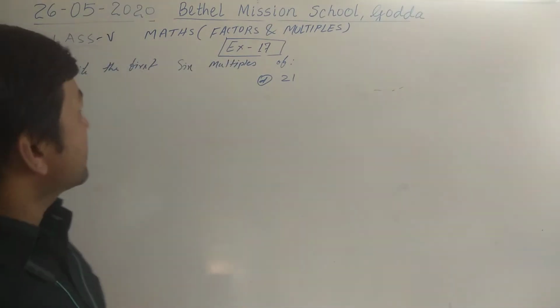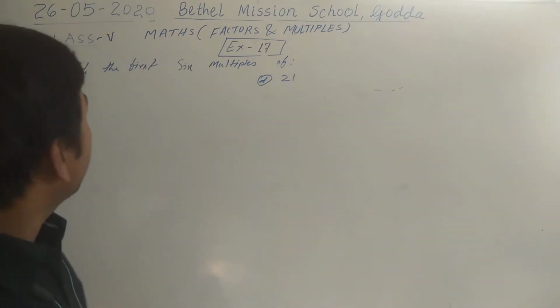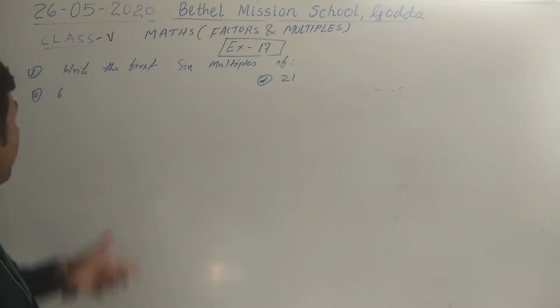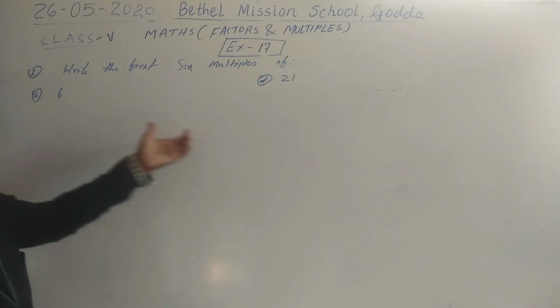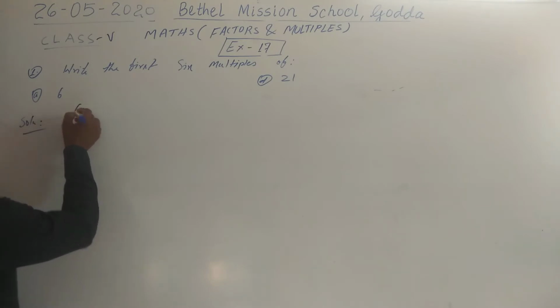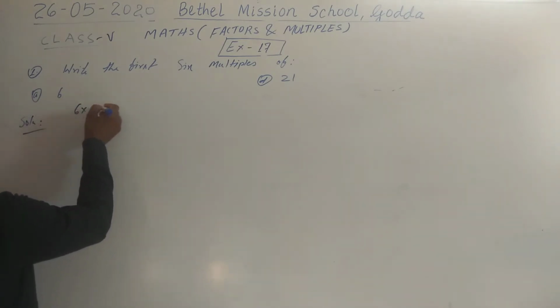Okay, factors and multiples. So the first question says: write the first six multiples of 6. I have taken two examples. Let's start solving. 6 is very simple.